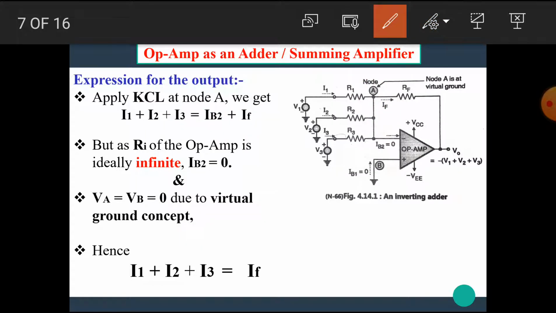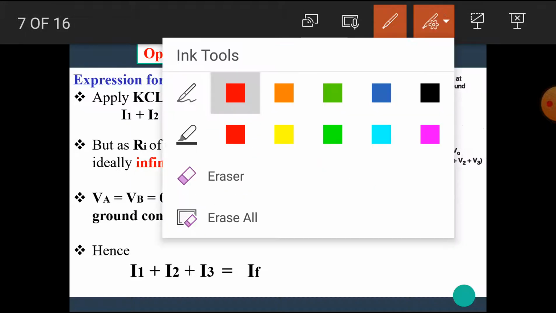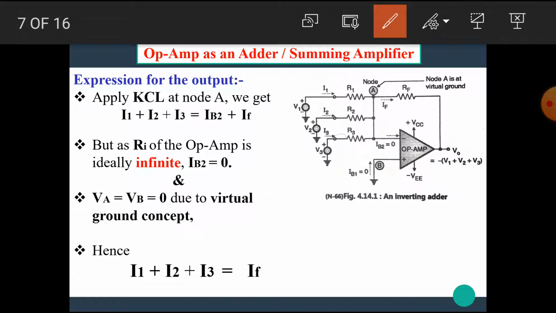Here the currents entering the junction are I1, I2 and I3, and those leaving the junction are IF and IB2. Hence, we get the equation I1 plus I2 plus I3 is equal to IB2 plus IF.